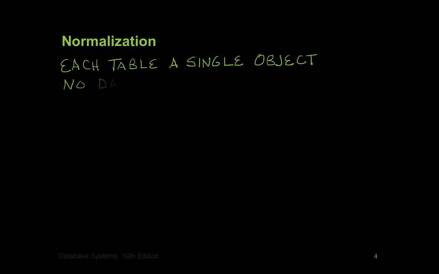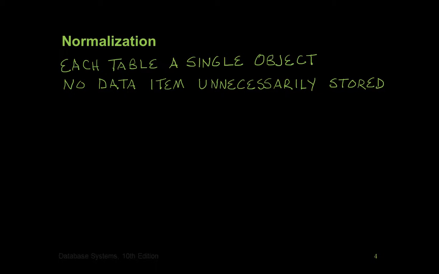Let's look at our normalization in just a little bit more detail. Each table is going to reflect a single object. So when we have our normalization to the third normal form, we would expect to see each table representing a single object within our database.